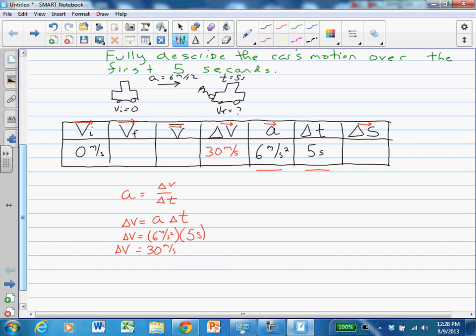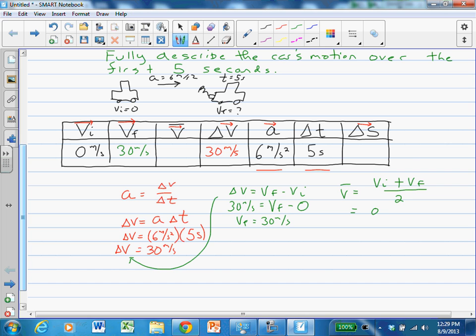Now if I have that, I can use the formula for that here, because delta V is Vf minus Vi. So 30 meters per second, I don't know Vf, but I know Vi is 0. So Vf is also 30 meters per second. And I could plug that in right here, solved. Now average velocity, I know its formula is Vi plus Vf over 2. So 0 plus 30 over 2, and that gives me 15 meters per second.